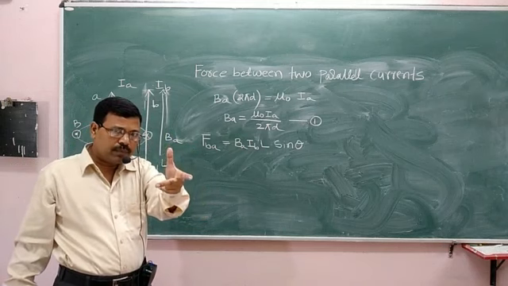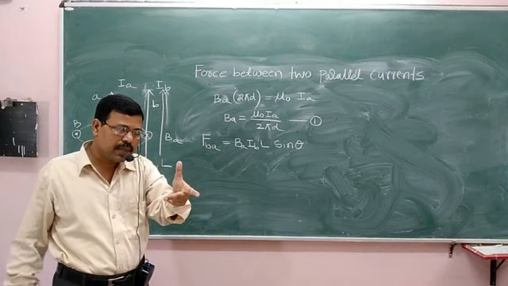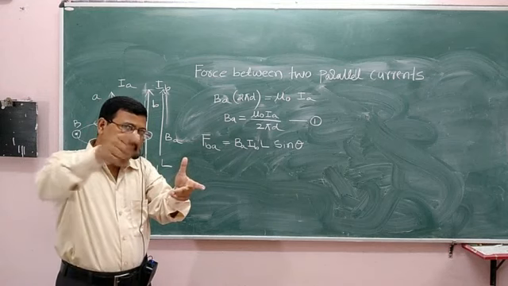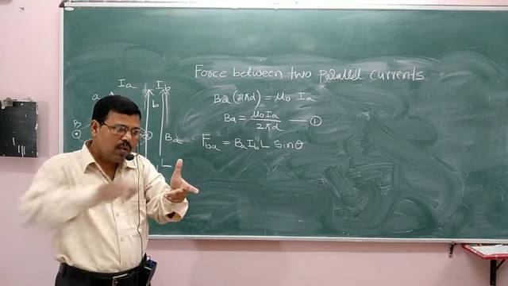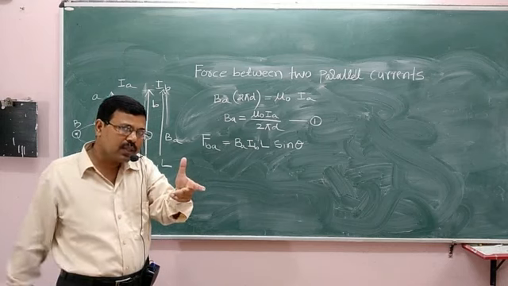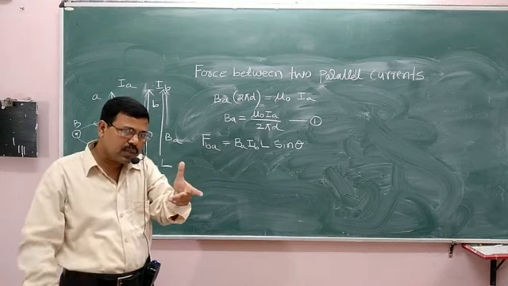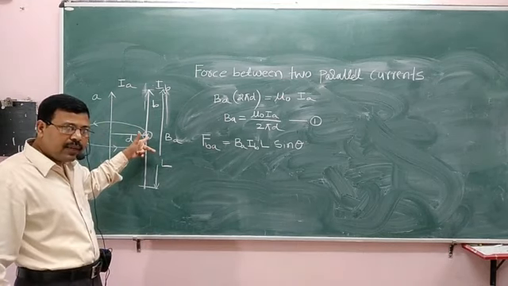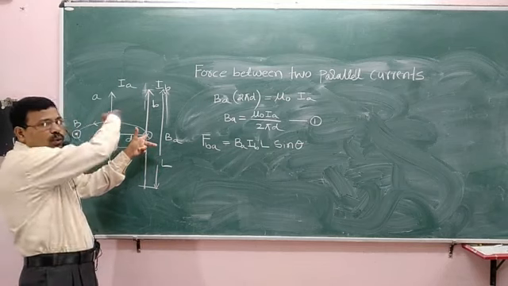Fleming's left-hand rule is also known as the force rule. According to this force rule, the thumb shows the direction of force, that is magnetic force. The forefinger shows the direction of magnetic field. The central finger shows the direction of current. So let me hold these three fingers according to the situation here. Here, the magnetic field at this point by this conductor is into the plane.